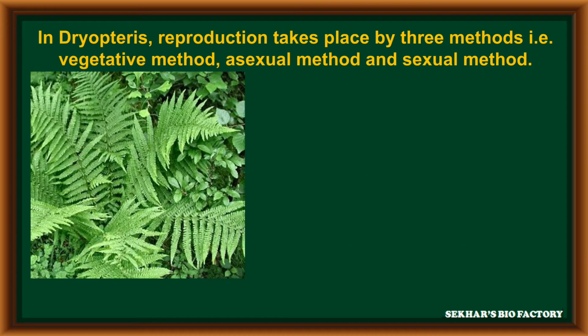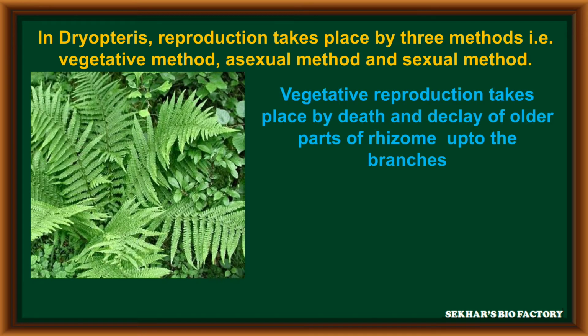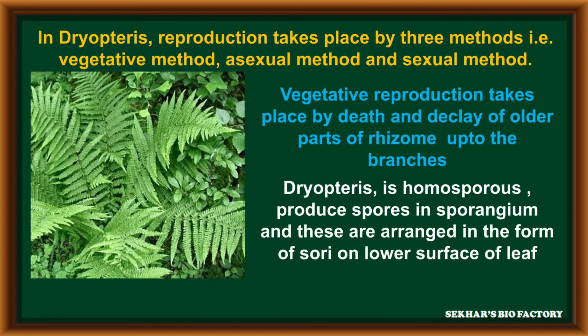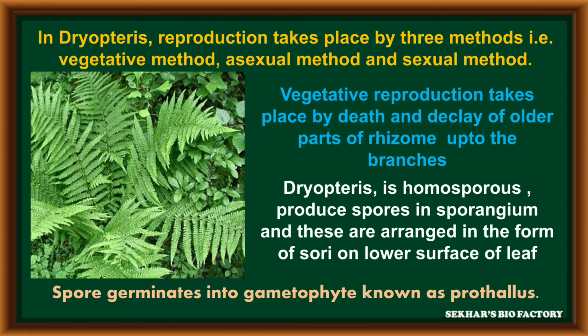In Dryopteris, reproduction takes place by three methods: vegetative, asexual and sexual. Vegetative reproduction takes place by death or decay of older parts of the rhizome up to the branches. Dryopteris is homosporous in nature and produces spores in sporangia, which are arranged in the form of sori on the lower surface of the leaf.